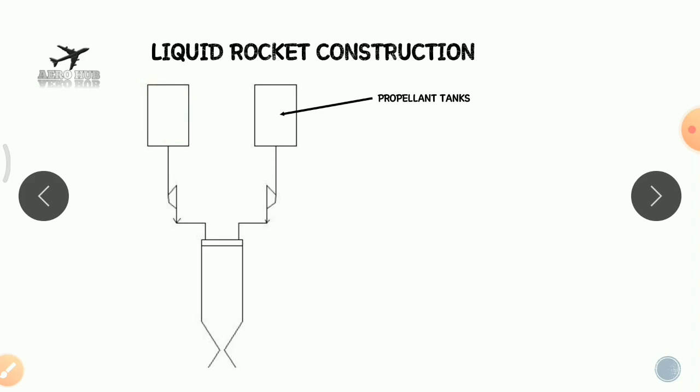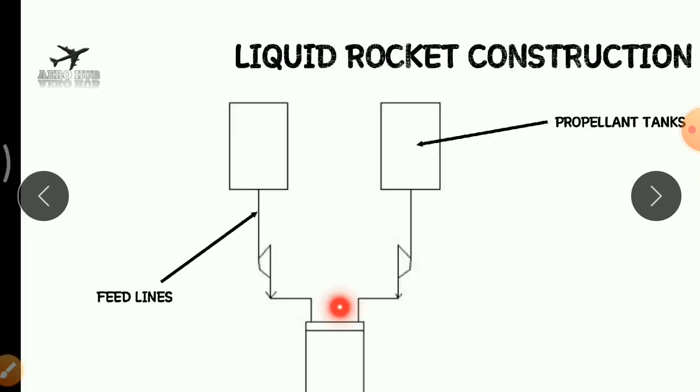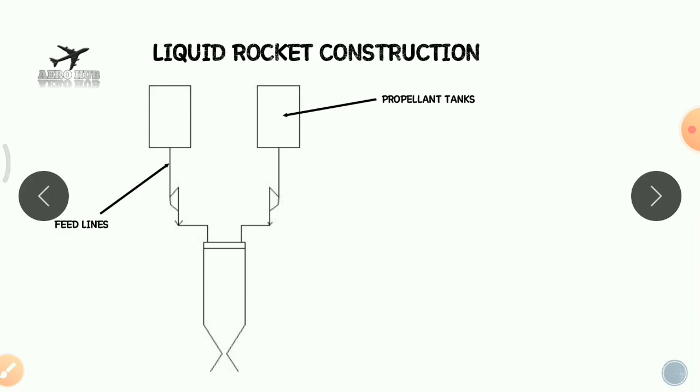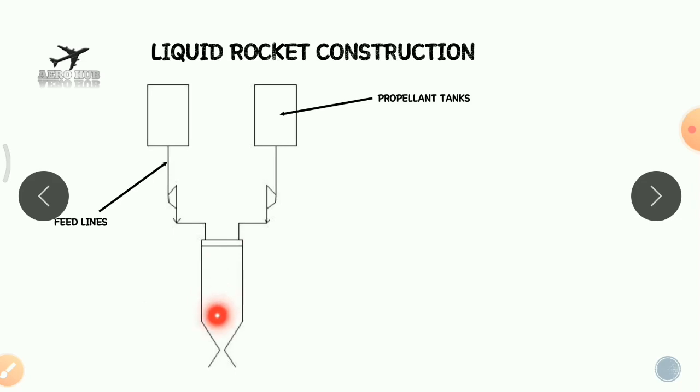One may be storing the fuel and the other tank will be storing the oxidizer. The second part is called the feed lines, and the feed lines will feed the injector of the thrust chamber. This entire part is called the thrust chamber.